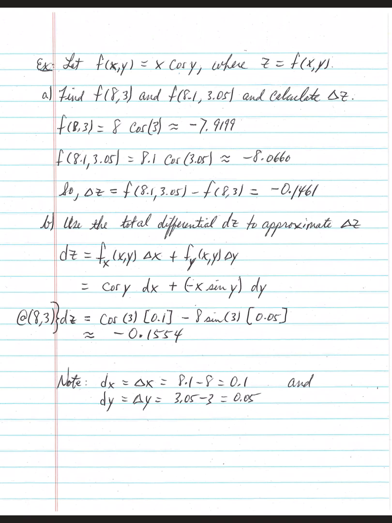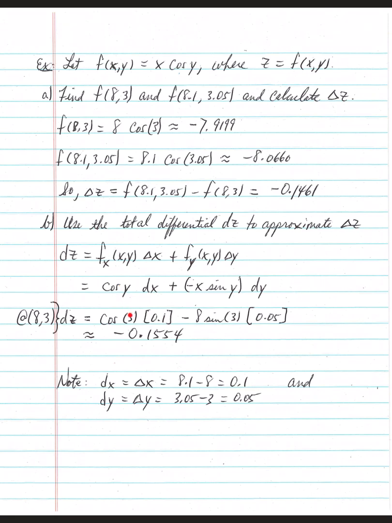All right, what are our changes in x? To go from 8 to 8.1, that's an increase of 0.1. That's delta x. The change in y, there's an increase of 0.05. So that's our delta y. Partial derivatives at (8, 3), that's our original point. 8 goes in for x, 3 goes in for y.